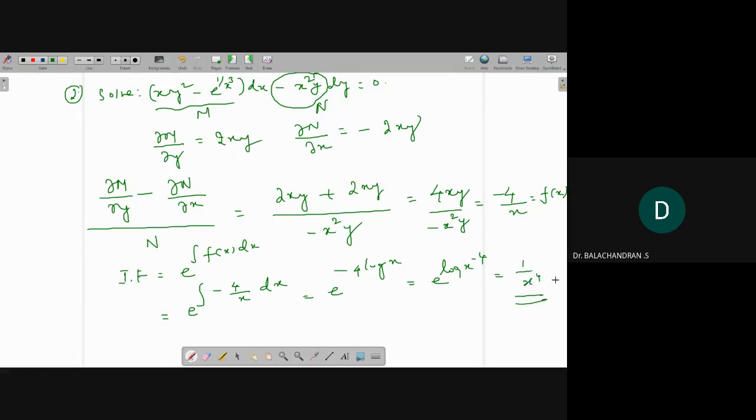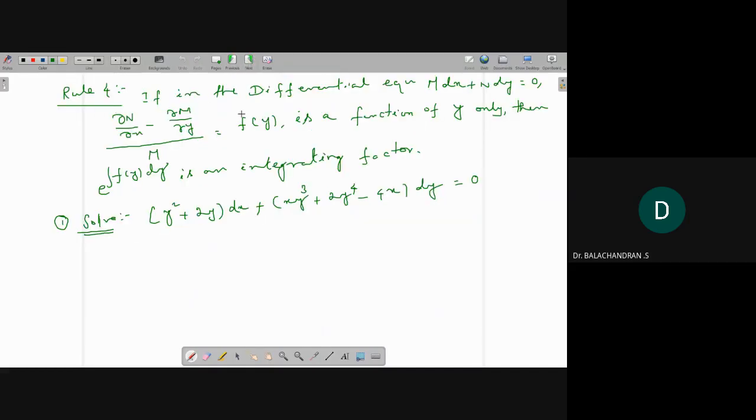You need to multiply the equation by 1 by x power 4. I leave it to you. I'll tell you the final answer; note it down and cross check it. The answer is minus y square by 2x square plus 1 by 3 into e power 1 by x cube equal to c.